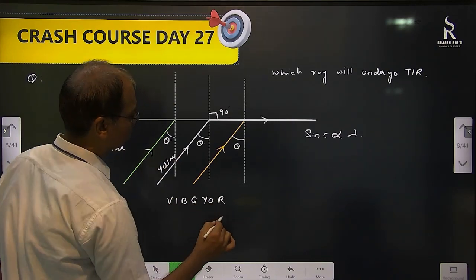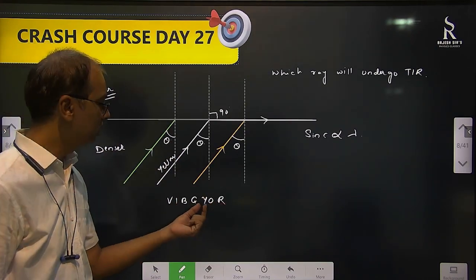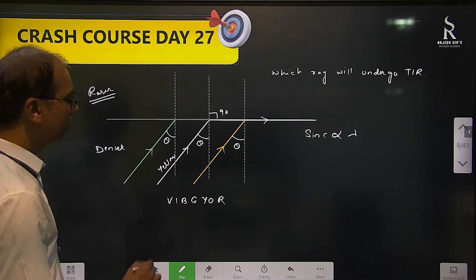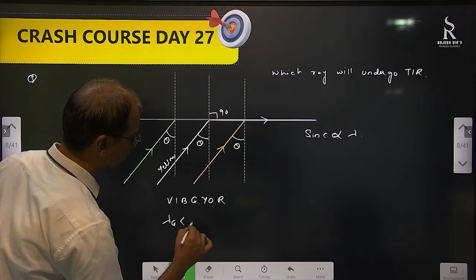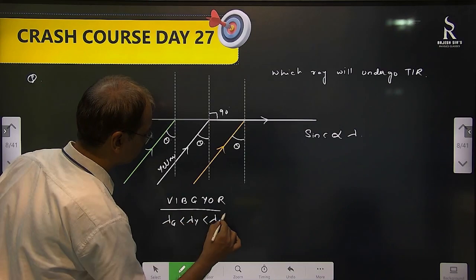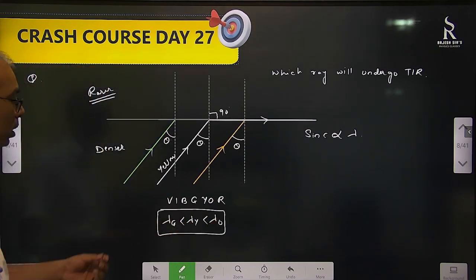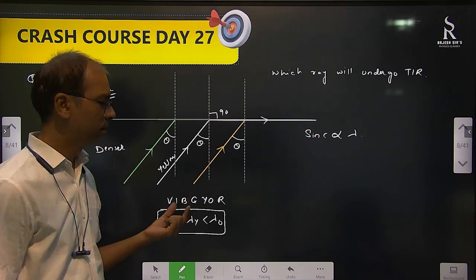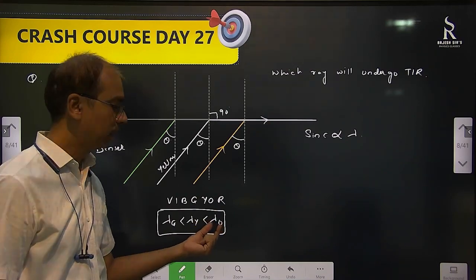We know that red's wavelength is more, and here we have orange, yellow and green. So lambda for green is least among them, then yellow and then orange. Violet's wavelength is least and red's wavelength is maximum. So here the wavelength of orange is maximum.